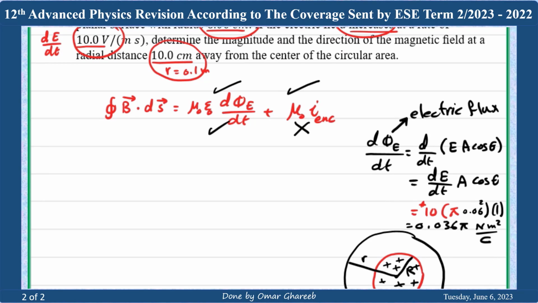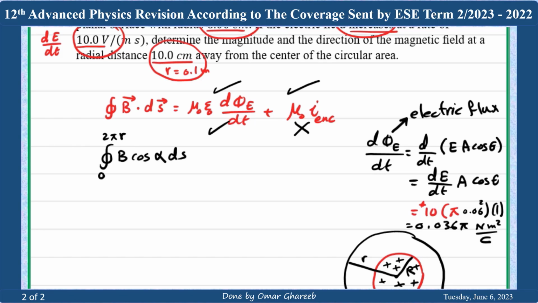Now let's go back to the integration. The integral is B times the cosine, not theta but alpha, another angle, ds, over the full circle from 0 to 2 pi r. Which r, small or capital?